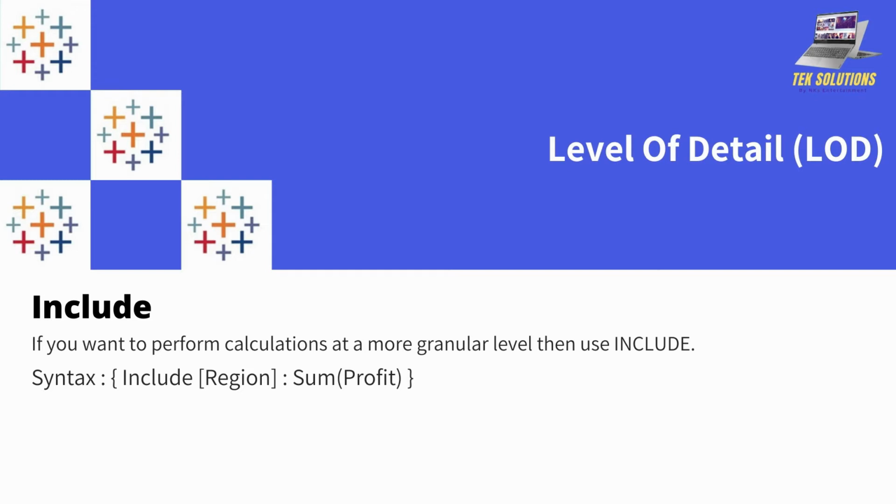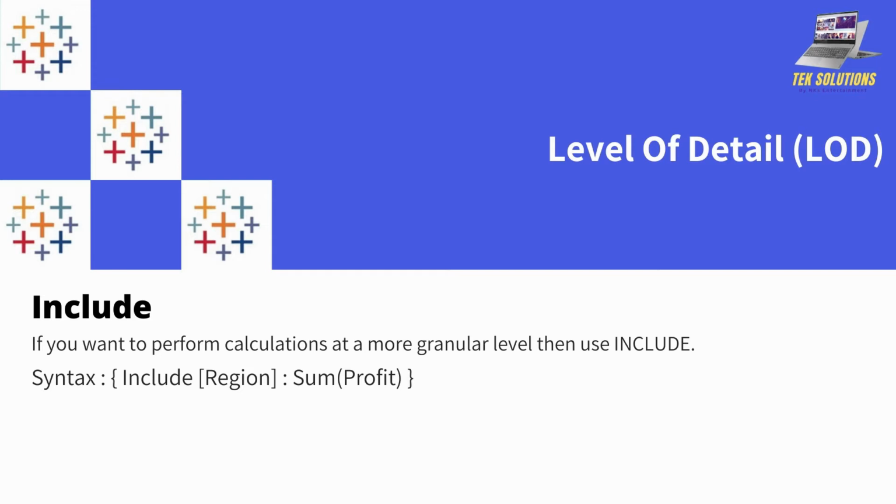In this case, include region along with other dimensions in your visualization and then find the sum of profit. We will see all this with a proper practical example later in this video. So this is about include.